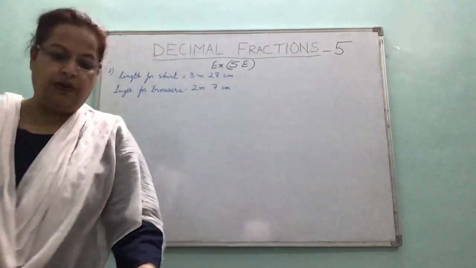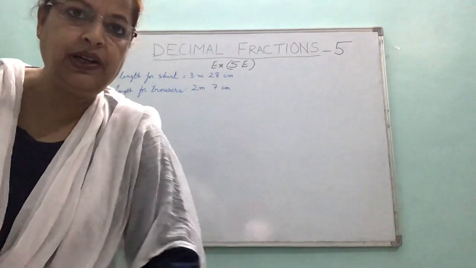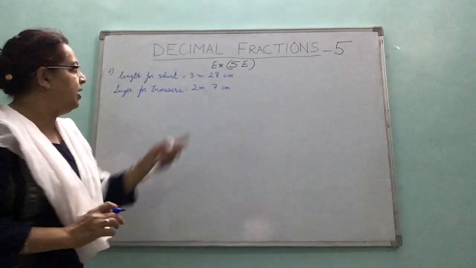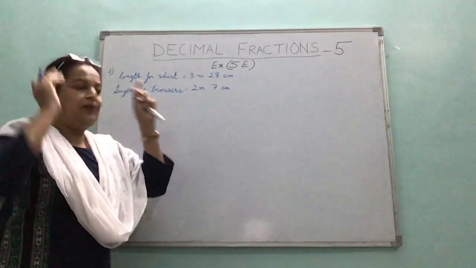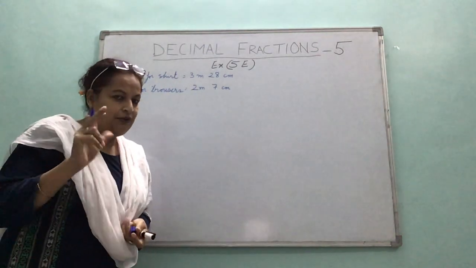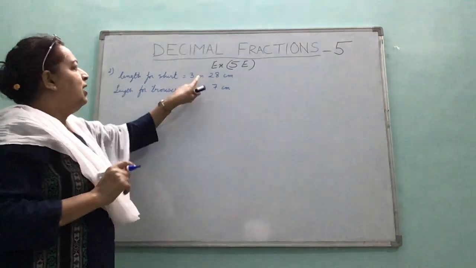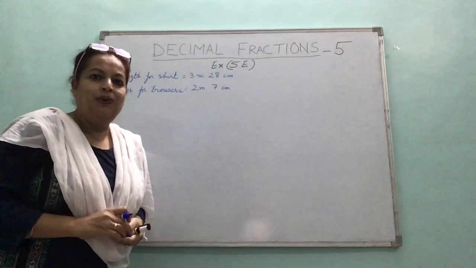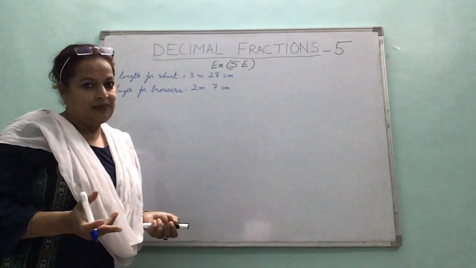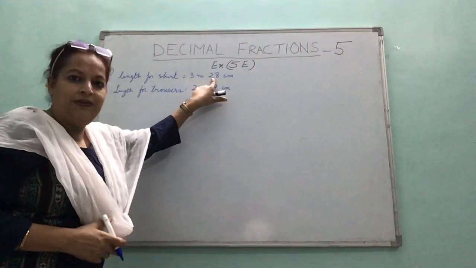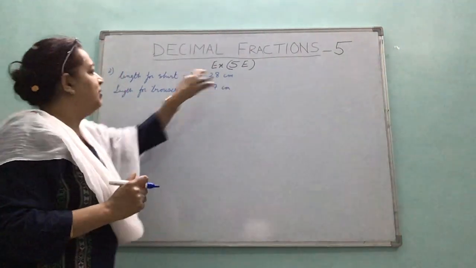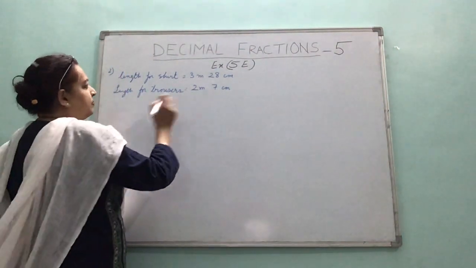Well, first of all, before we have to find total length, obviously I have to add these two. Now you cannot add directly, children. Warning, you cannot add there. You have to convert to meters or centimeters. Well, I have already taught you how to convert centimeter to meter in the unit conversion. So I'll just tell you.